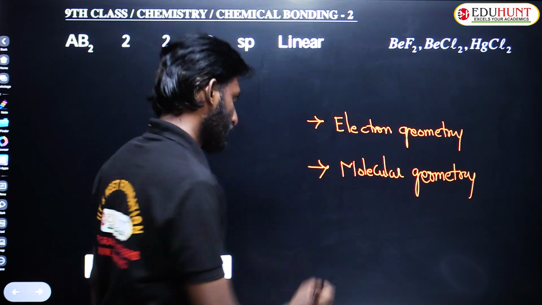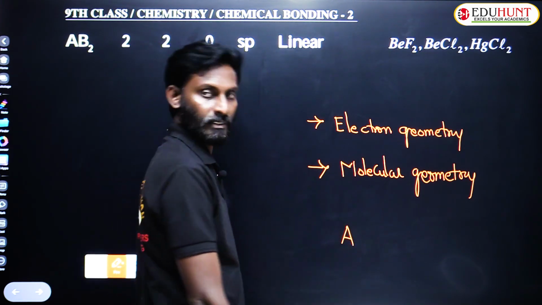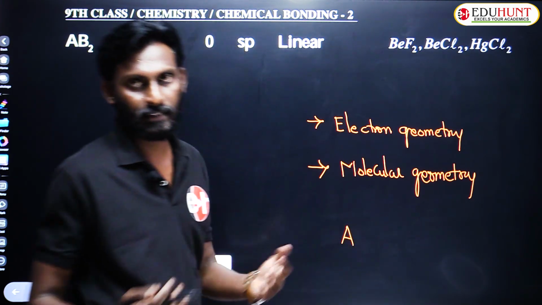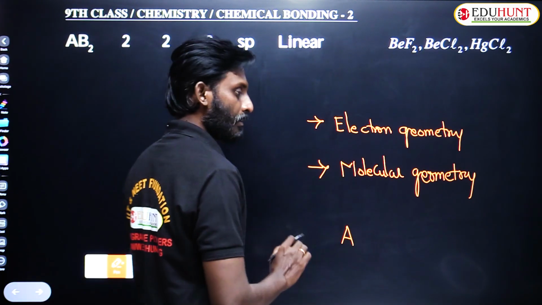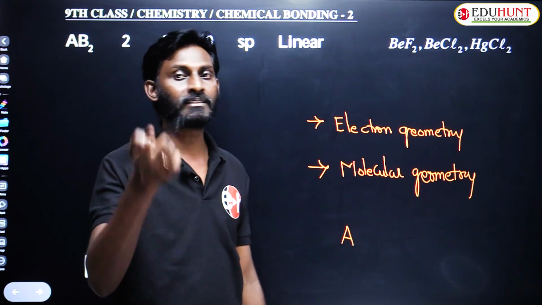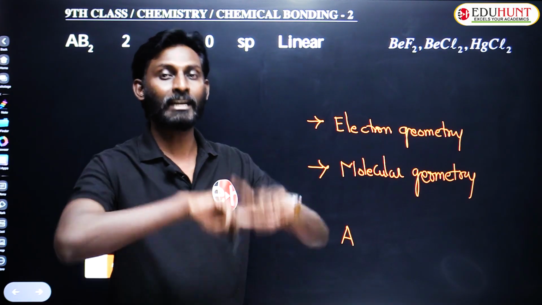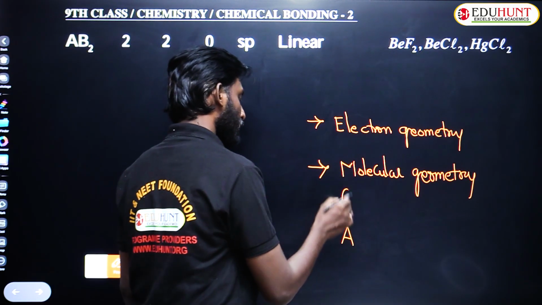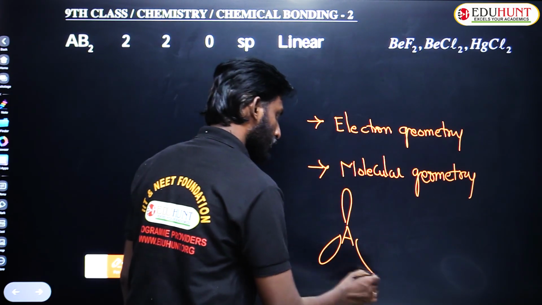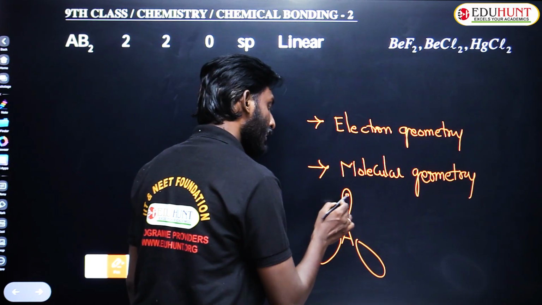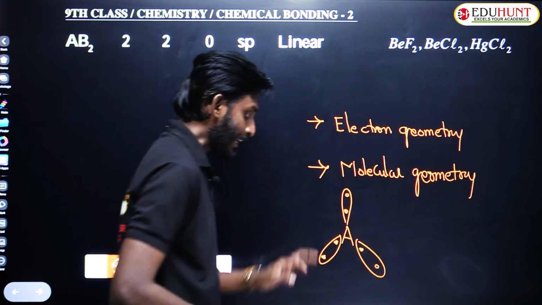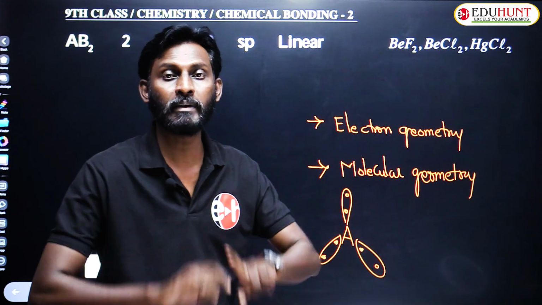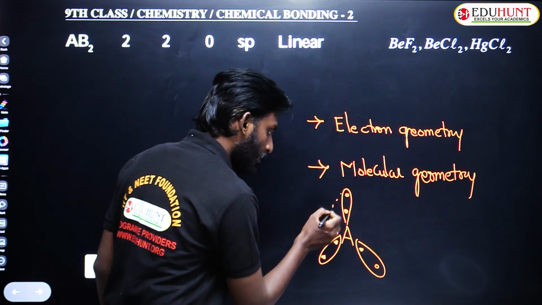See, simple. If there is a central atom and let us say 3 electron pairs, and according to Sidgwick, if there are 3 pairs, then the electron geometry is trigonal planar. What Sidgwick and Powell said is, if there are 3 electron pairs, the arrangement of the 3 pairs will be trigonal planar.